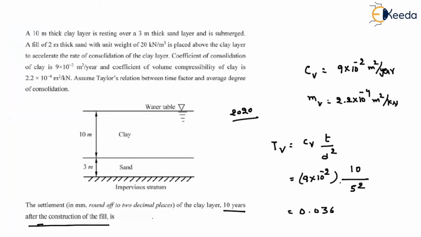If you know the time factor, first let us decide whether this time factor corresponds to less than 60% or greater than 60% consolidation. Let us assume that corresponding to this time factor 0.036, your consolidation is less than 60%. Then how can I find out Tv?